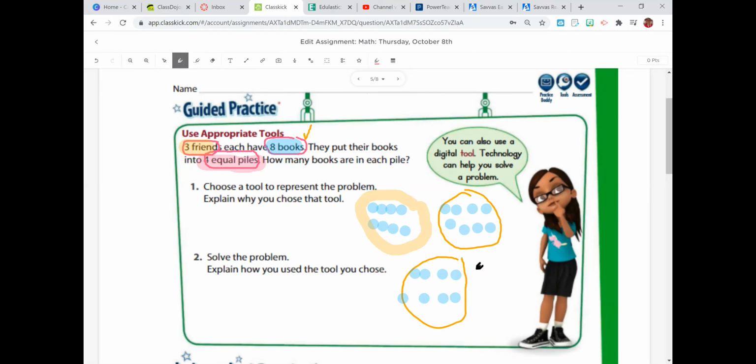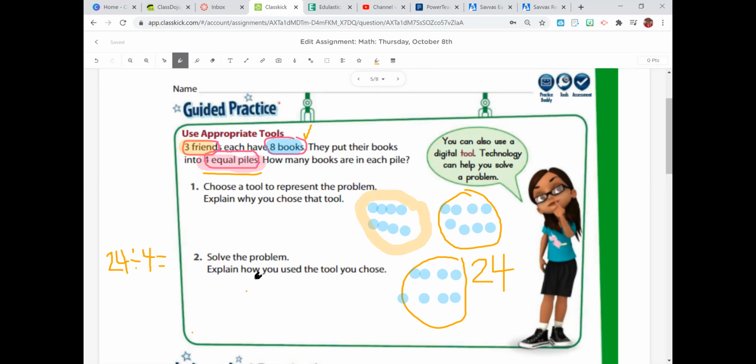So I have 24 books that are shown right here. 24 books. And now I have to put them in 4 equal piles. I have 24 that I need to divide into 4 equal piles.